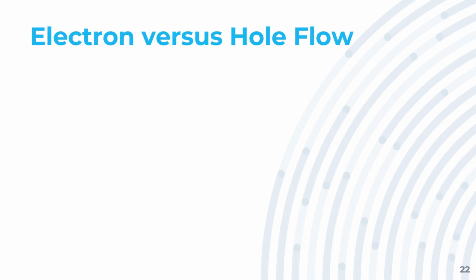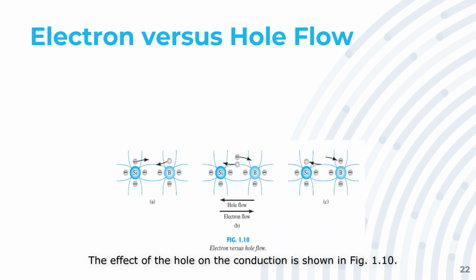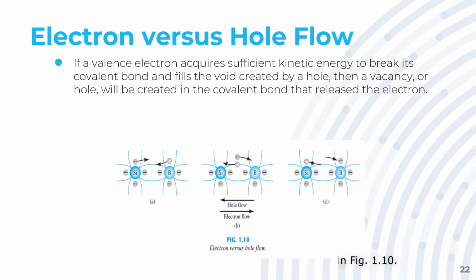So dito naman sa slide na ito, pag-uusapan natin kung ano nga ba ang pinagkaiba ng electron versus hole flow. So the effect of the hole on conduction is shown in figure 1.10. If a valence electron acquires sufficient kinetic energy to break its covalent bond and fills the void created by a hole, then a vacancy or hole will be created in the covalent bond that releases the electron.